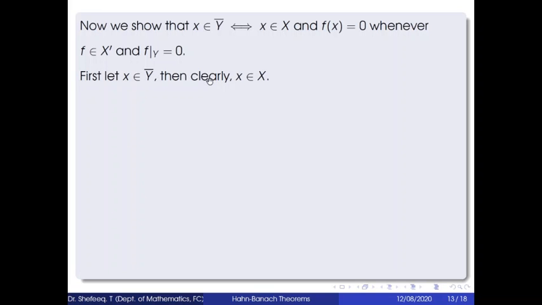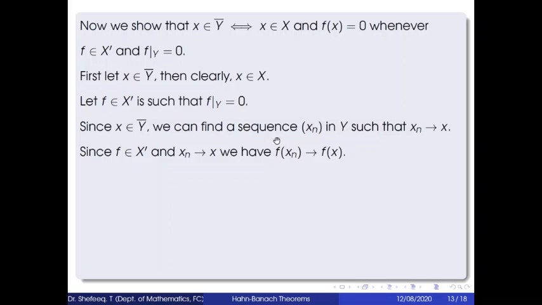So then clearly x belongs to X. Now let f belong to X' such that the restriction of f to Y is equal to 0. Since x belongs to Y bar, we can find a sequence xn in Y such that xn converges to x.